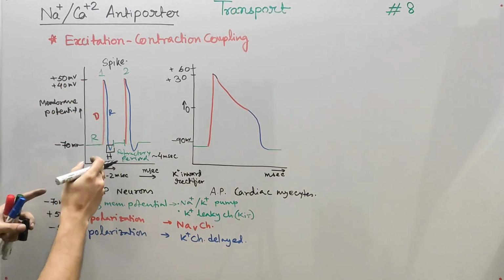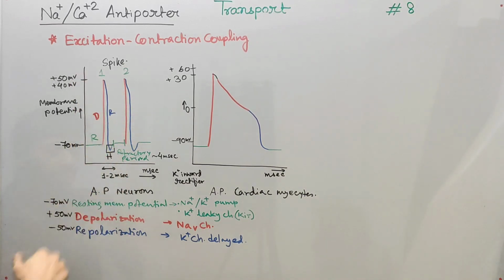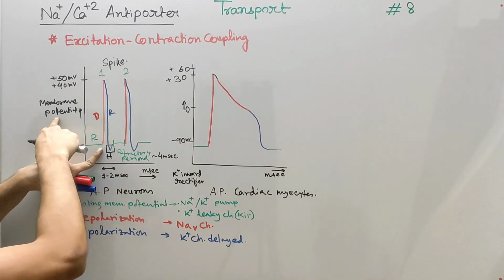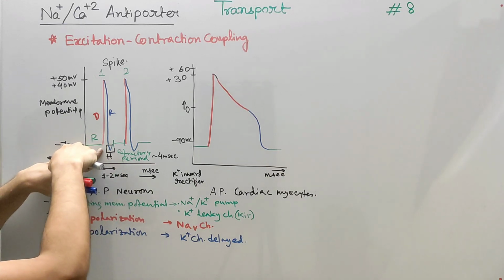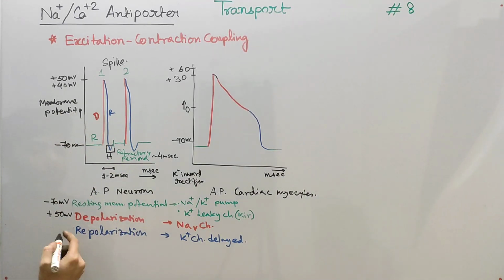It comes down. During repolarization, the membrane potential becomes more negative than the resting membrane potential, that is, minus 70 millivolt. Repolarization means this positive membrane potential becomes a negative value. And now another thing occurs, called hyperpolarization.